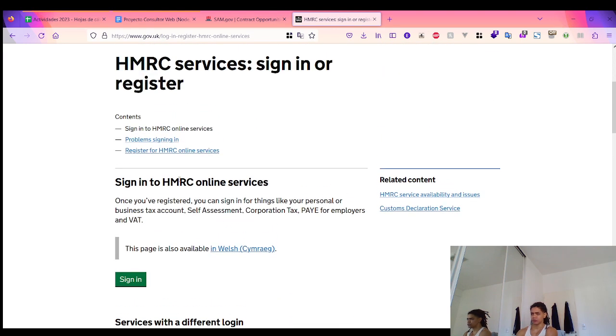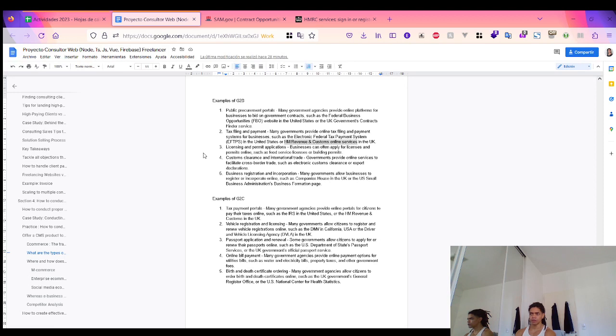So, government to business. You have different examples of this business model, such as procurement portals or procurement services. Public procurement portal, where a government agency provides an online platform for businesses to bid on government contracts, such as the FBO, the Federal Business Opportunity, and the UK government contract finder service.